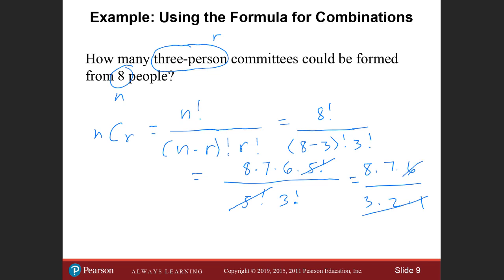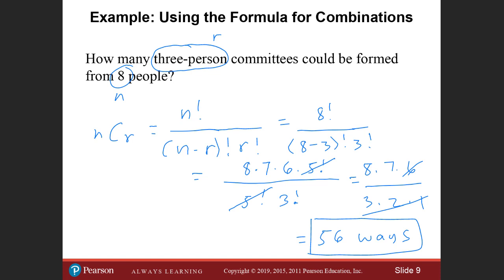So 8 times 7, that's the 2 numbers left on the top. So our answer would be 56 ways. So that would be our answer.